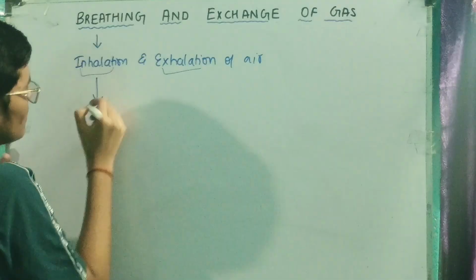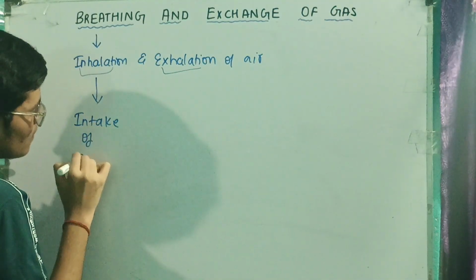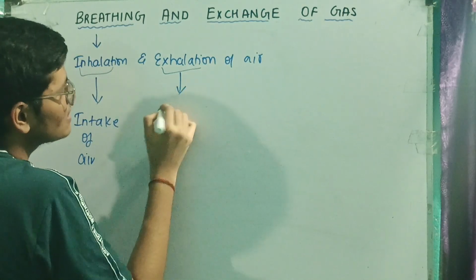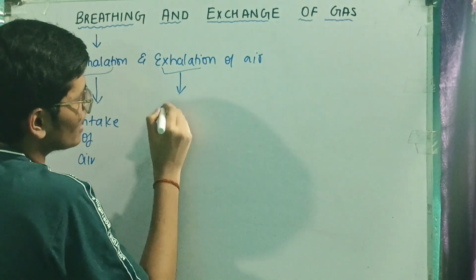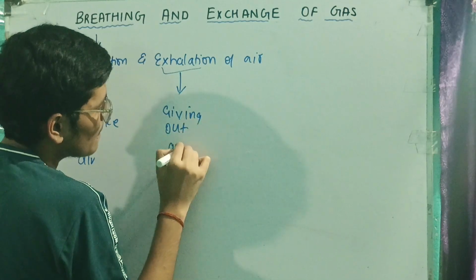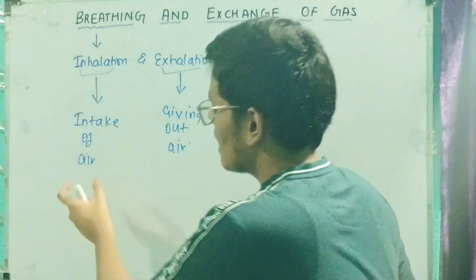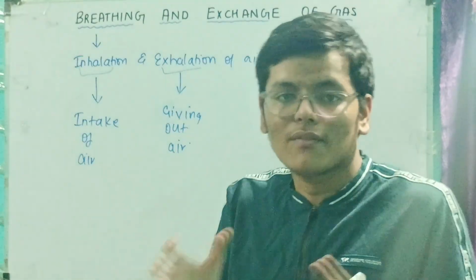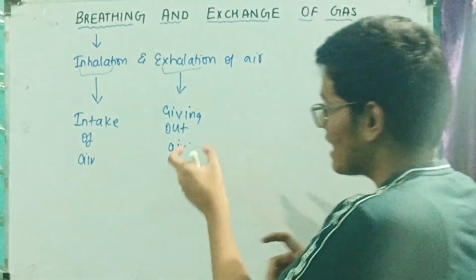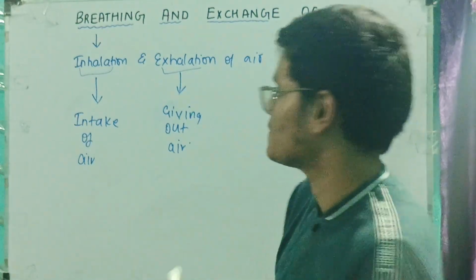Inhalation is nothing but intake of air, and exhalation is giving out air. The difference between these two air is the inhaled air has a much higher concentration of oxygen than carbon dioxide, and the exhaled air has more concentration of carbon dioxide than oxygen.